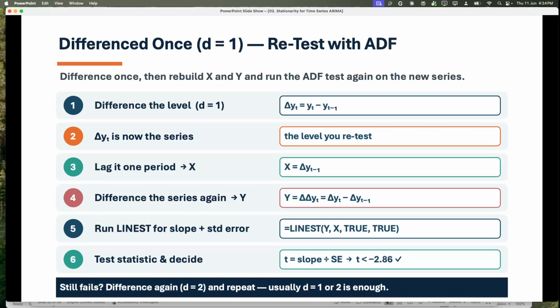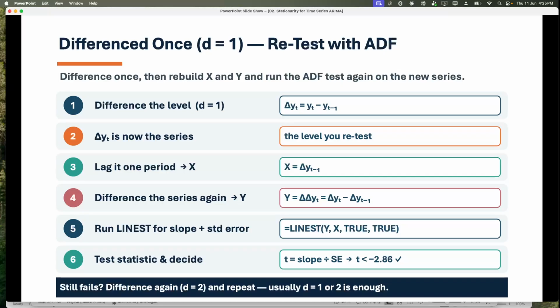Even if the series has become stationary, we can reconfirm by rerunning the ADF test. How are you going to do it? It's a little complicated. It's not required, but you can look at that. But still we can do it. The first step is to difference the level. First one, Yt. Second one is the second data. You lag it by one period.